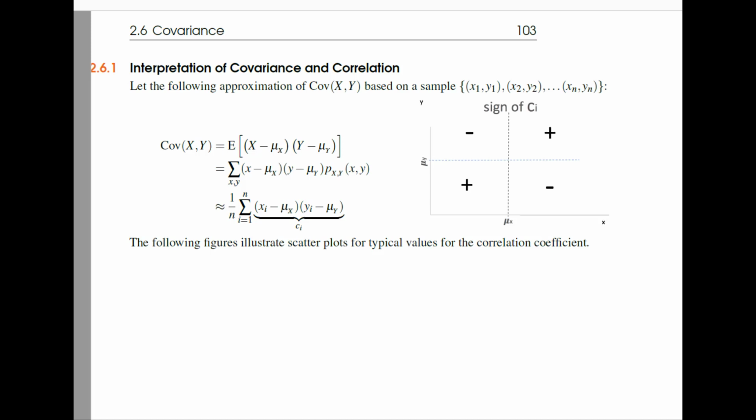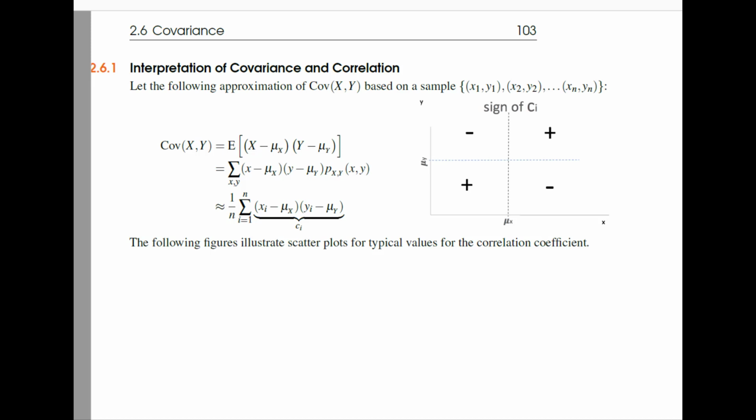Now to get an idea why that intuition is like that, let's consider that we take a sample, okay? So we're going to do a sample approximation of the covariance. This is doing statistics, kind of.